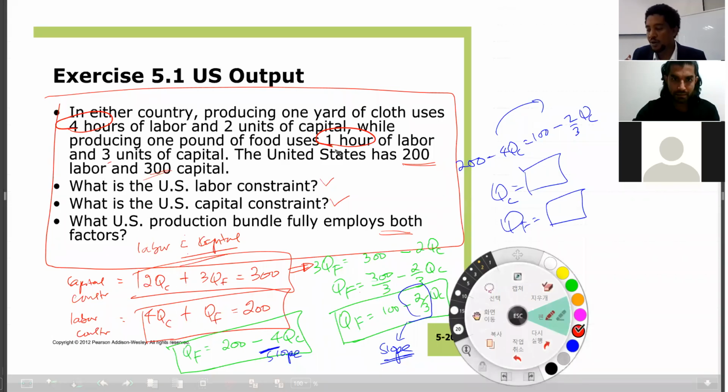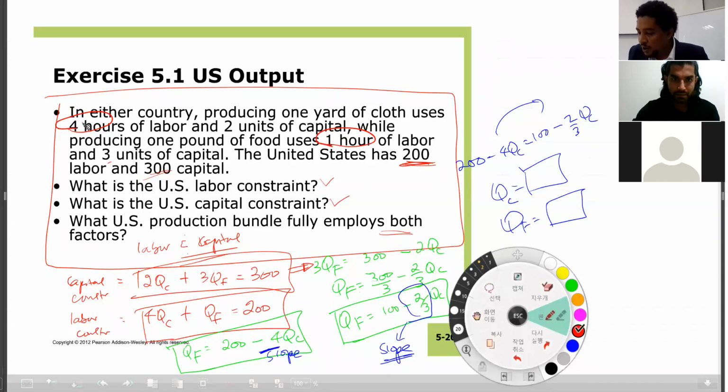Had you used all the labor for food, then you could have produced 200, right? Because we have 200. But if it is for clothes, since it requires 4 hours, you can produce only 50 because the total amount of labor we have is 200, right?